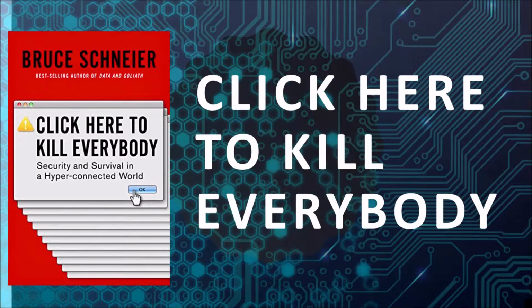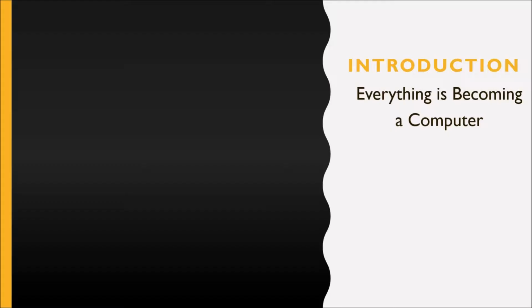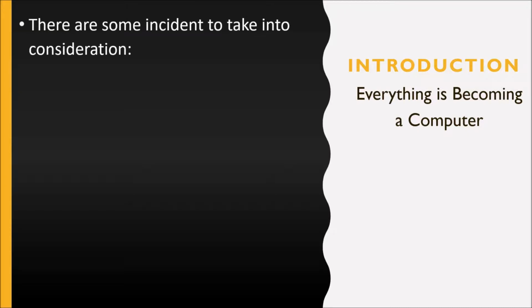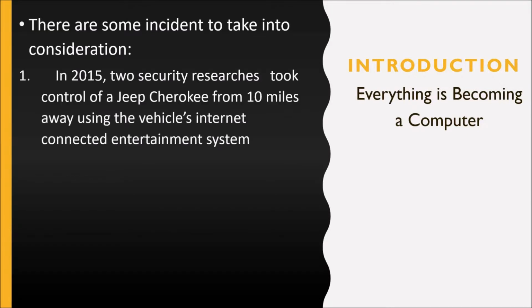So the introduction is everything is becoming a computer. And there are some incidents to take into consideration. The first one is that in 2015, two security researchers took control of a Jeep Cherokee from 10 miles away using the vehicle Internet Connector Entertainment System.